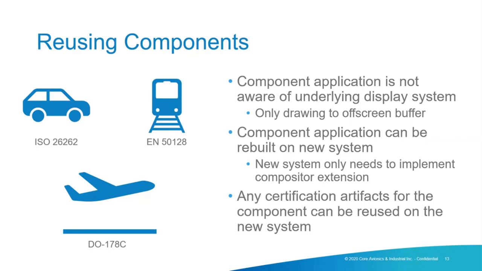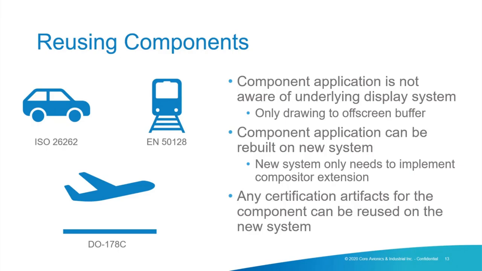So the compositor extensions set up a common framework for an application to request an area, like a frame buffer, to render to. And if an application is built using this interface, any new driver that also provides the compositing interface would be able to reuse the same application with no changes.